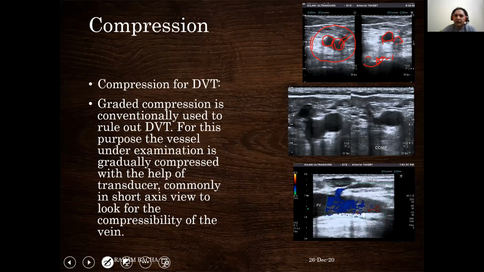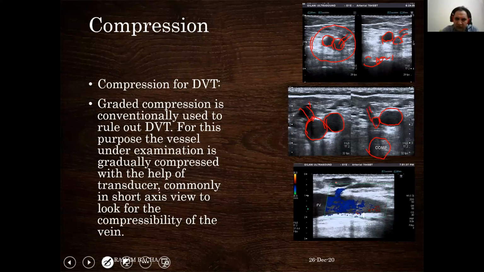And in the other image, you can see this is the inguinal region. The common femoral vein is joined by the great saphenous vein from the medial side, and laterally there is the common femoral artery. During compression, only the femoral artery appears, but the common femoral vein and great saphenous vein disappear due to compression.